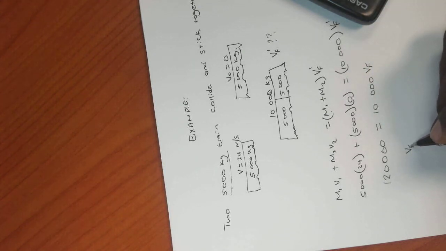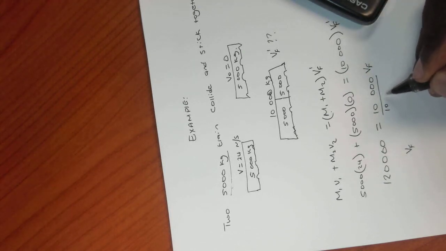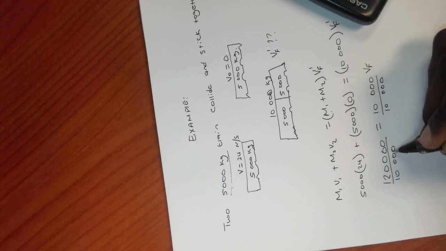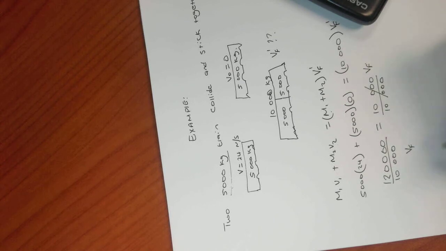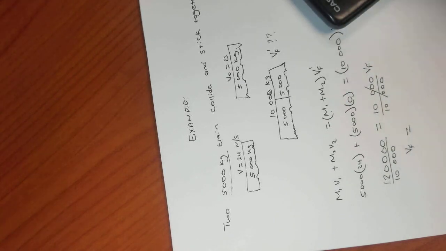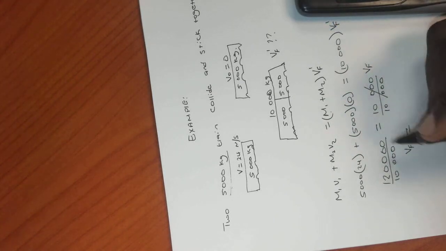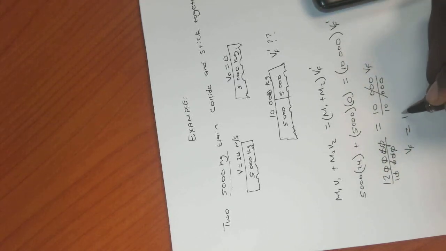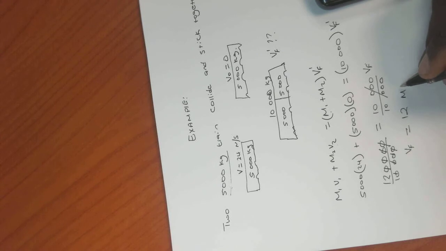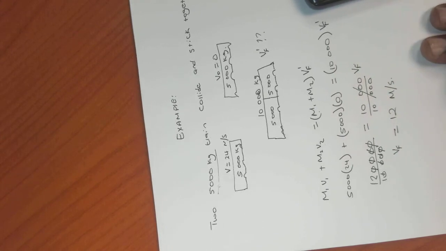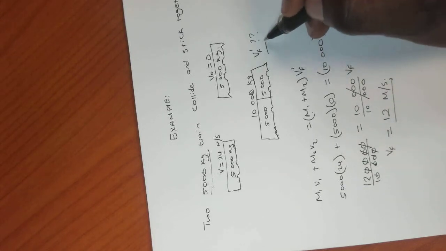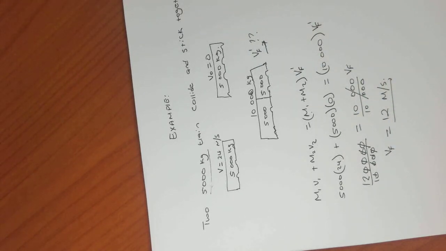You can solve for vf by dividing both sides by 10,000, and this should be 12 meters per second. So the final velocity is 12 meters per second.